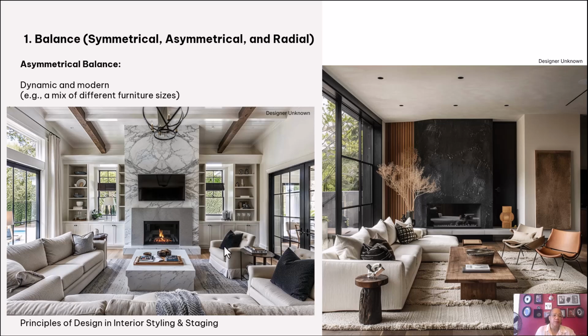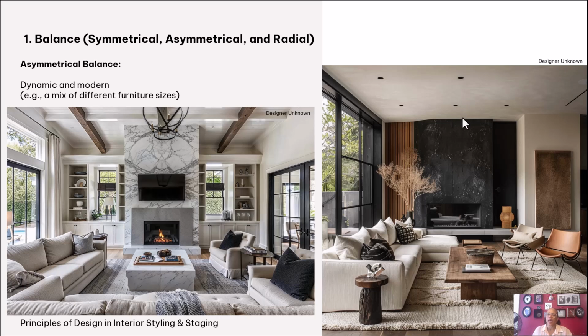So it is not symmetrical. It is balanced. And the way that they did that is they added darker pillows on this side. And the darker the color, the heavier it tends to feel. So even though the space is not as full on this side as it is on this side, the weight or the darkness of the pillows balances it out.